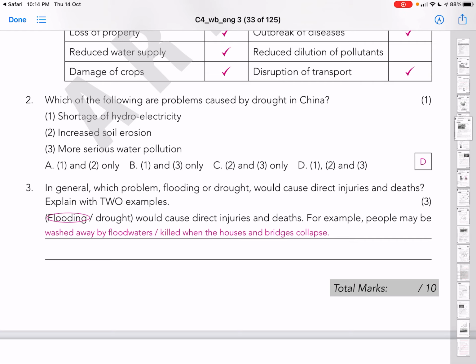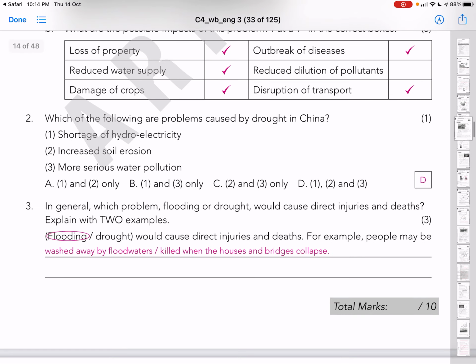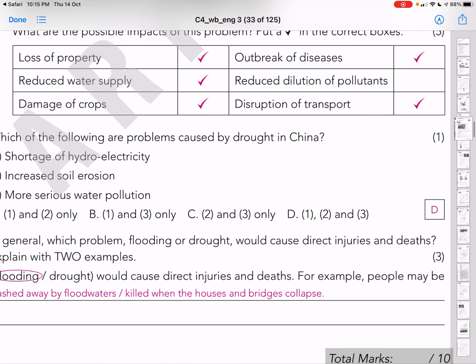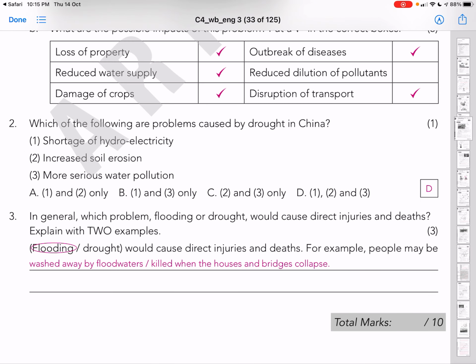Number one is correct. Increased soil erosion. Yes, it's also correct, because we have fewer plants and fewer trees to bind the soil. So number two is correct. More serious water pollution, as I've just said before, we have less dilution of the pollutants if we are running out of water. So all of them are correct.